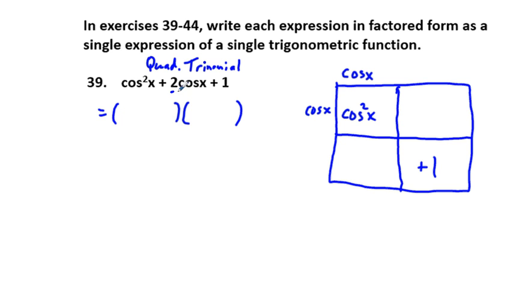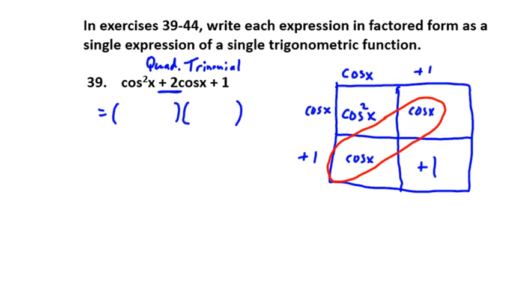Since we have plus 2 cosine x, we're going to try plus 1 on the top and plus 1 on the side. 1 times cosine x is cosine x, and cosine x times 1 is cosine x. Combining these like terms in the middle, we get 2 cosine x.